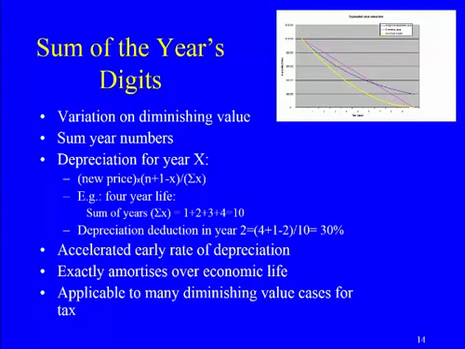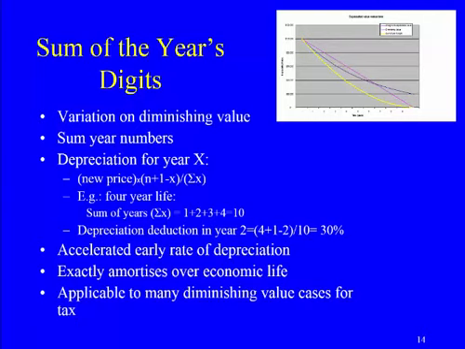And this means that if an asset has a 10-year working life, you work out how much to depreciate it by comparing how old the property is compared to the sum of 1 plus 2 plus 3 plus 4 plus 5 plus 6 plus 7 plus 8 plus 9 plus 10, the sum of the year's digits. And on the slide you can see the exact calculation that you use.